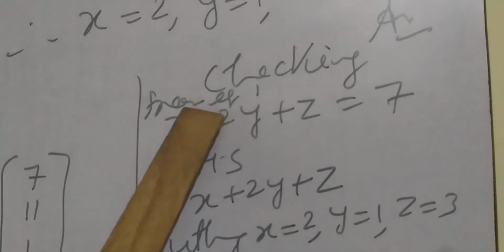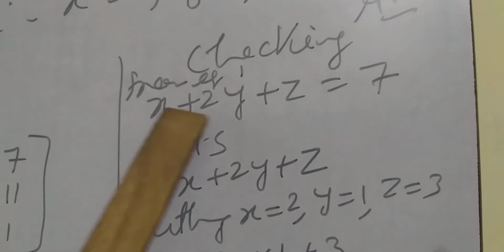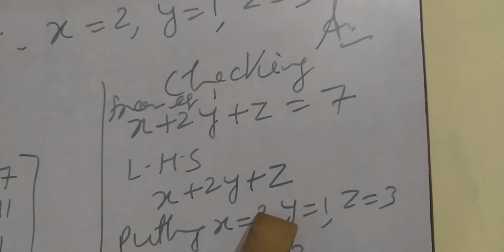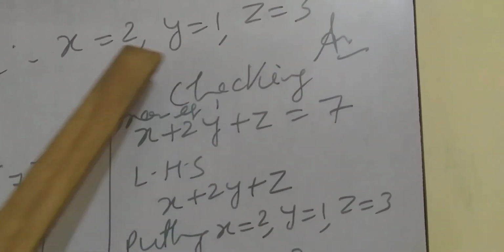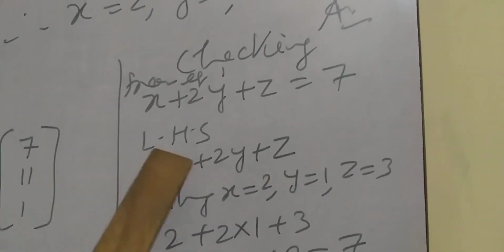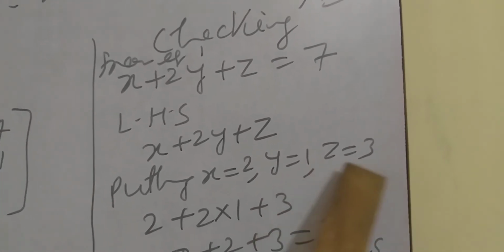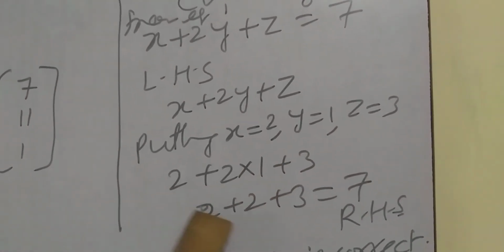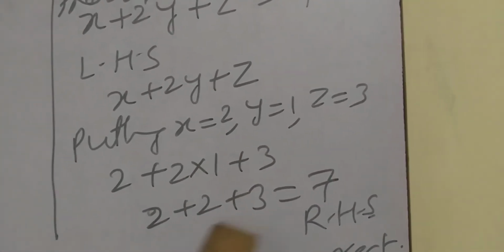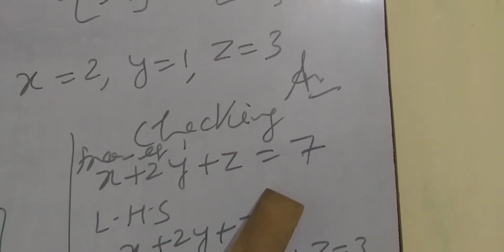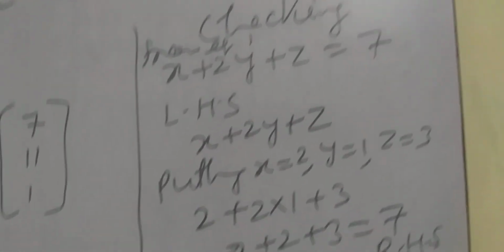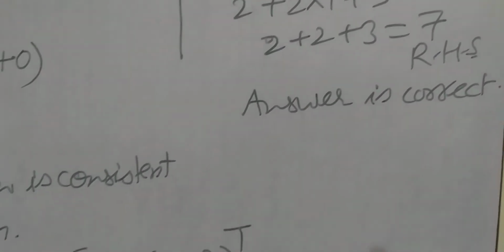Okay, take the LHS part. X plus 2y plus z. Put the values of x, y, z: x is 2, y is 1, z is 3. 2 plus 2 plus 3. Answer is 7, and RHS is 7, it means LHS equals RHS. It means our answer is correct.